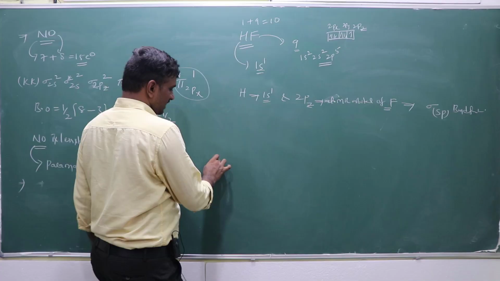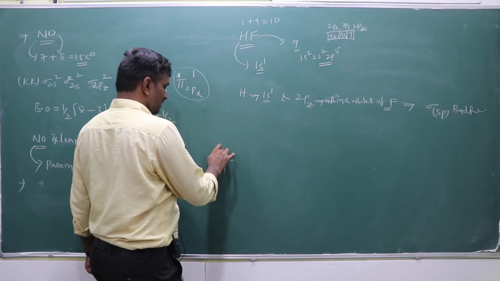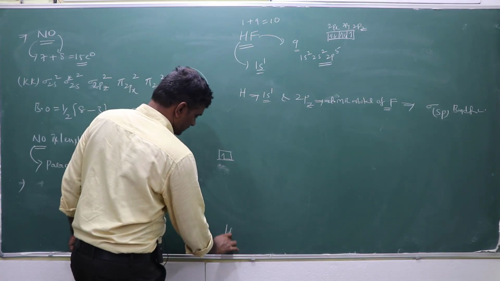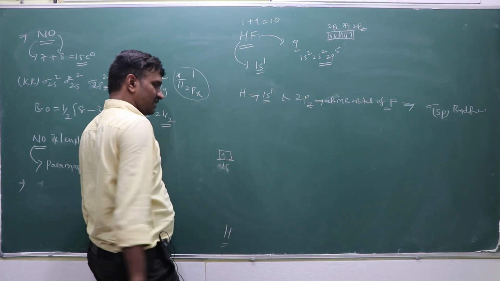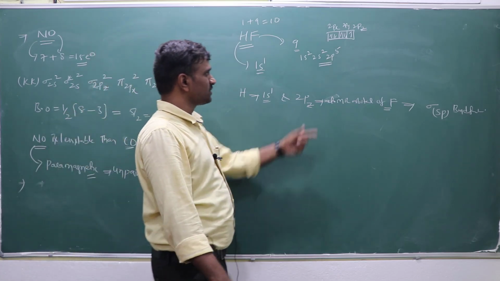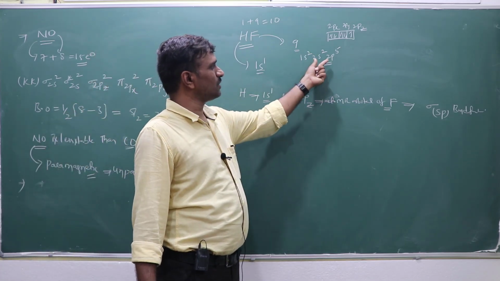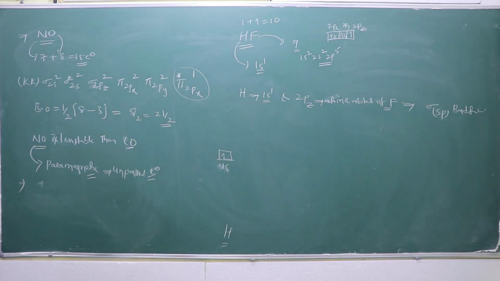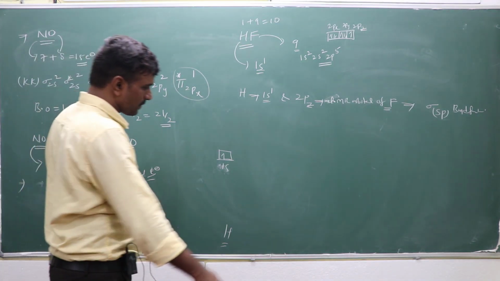Right, you can see the H, only the 1s electron is there. In the fluorine case, 1s2 you can leave out, because that is a ground state core level. So the 2s2, 2p5 outer electron configuration you can consider.